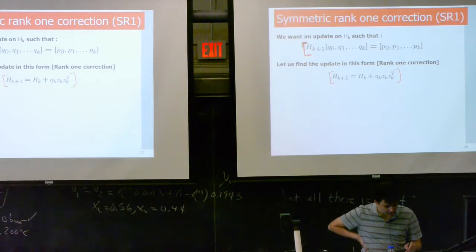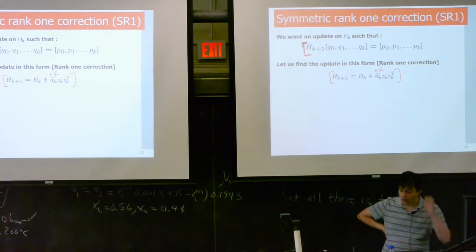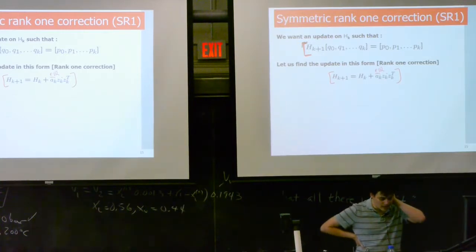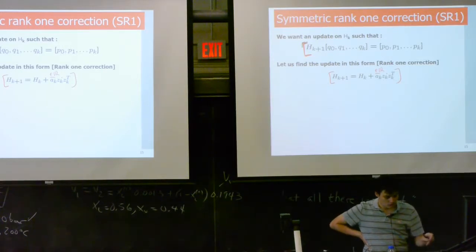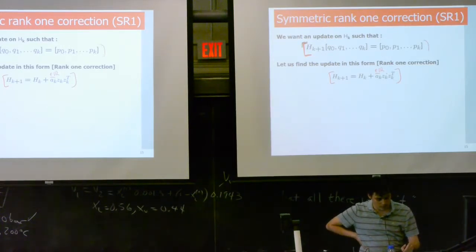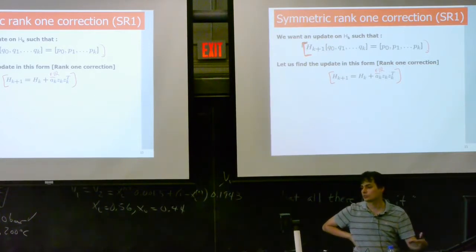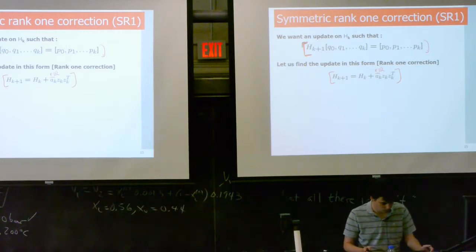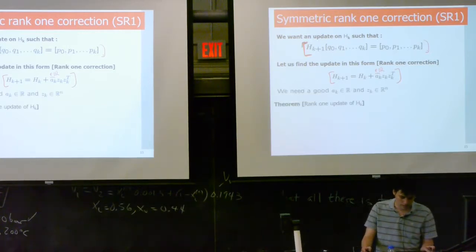So a_k here is a real number, and z_k is an n-dimensional vector. So we want to find a good a_k, a real number, and z_k vectors with which this property will hold, assuming that this property holds for H_k. But we want this to hold for H_{k+1} as well. Okay?